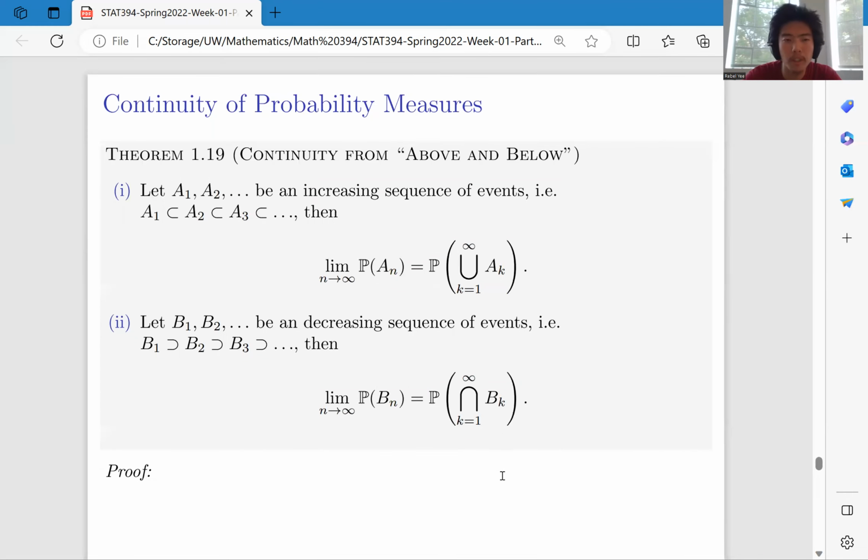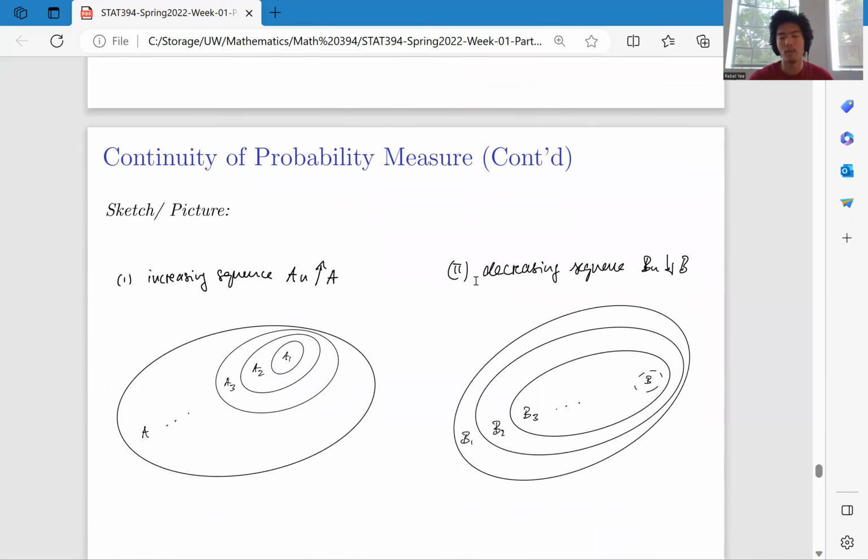And there's another property, called the continuity of probability measures. What does that mean? It's a really interesting topic, and we can see the diagram here for more understanding. Here is a sequence of sets A1, A2, A3 to A infinity.